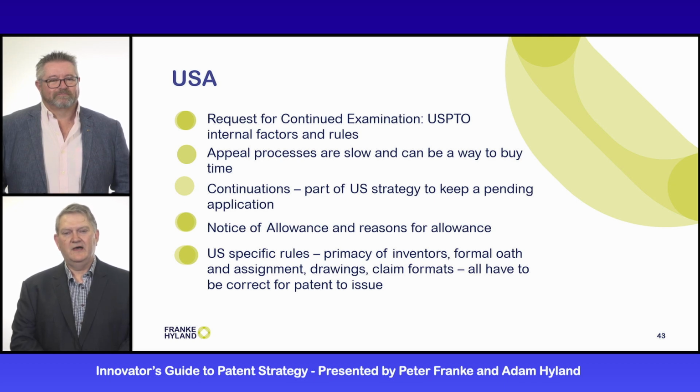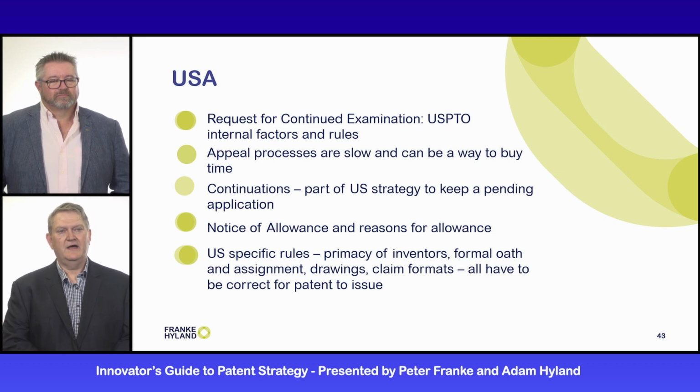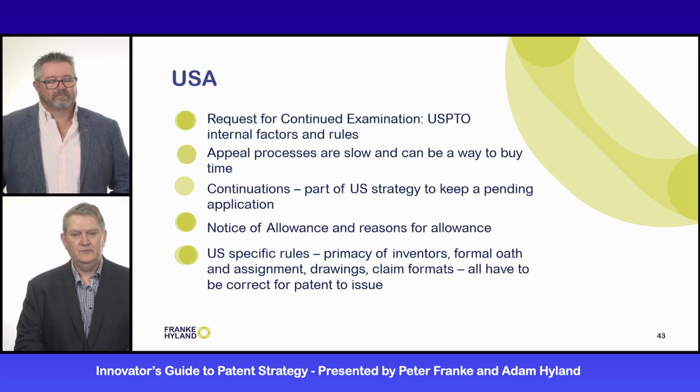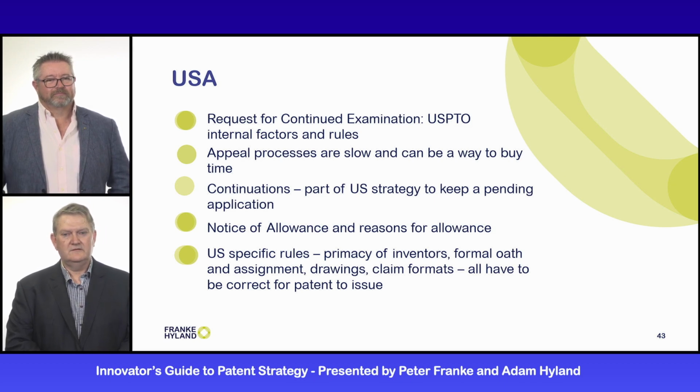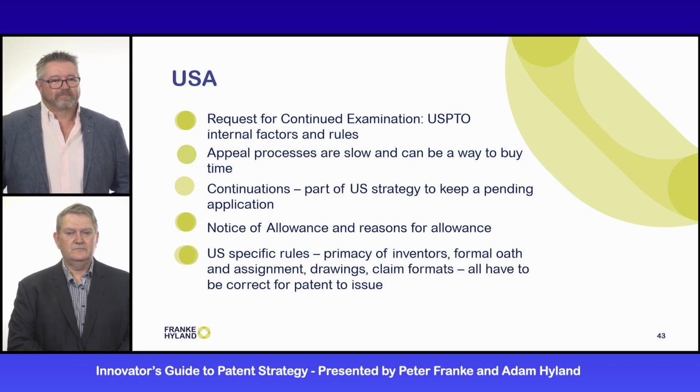So it can be part of a game to avoid a hopeless patent lapsing. It can be part of a game to let some parts of a patent go to grant and keep it pending so that you've got more flexibility in the case of infringement, for example. So it's quite a useful strategy. Of course, it's not going to be cheap if you want to file lots of continuations, but it is part of the game.